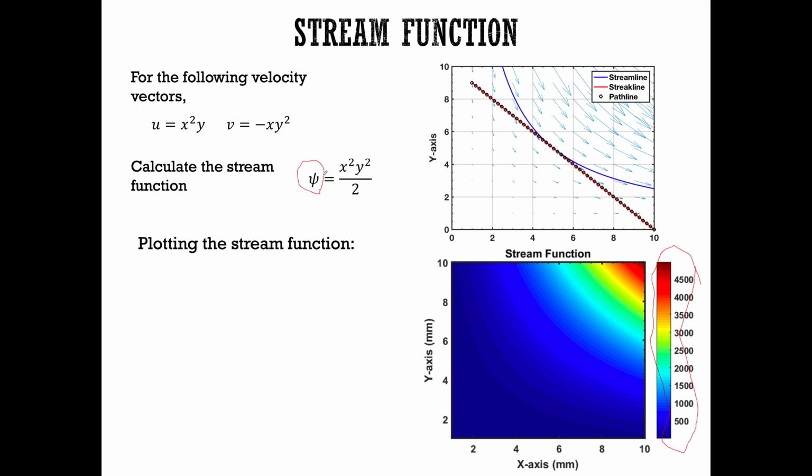Think about it, right? The concept of stream function is actually derived from conservation of mass, or mass flow rate. So that means as you go from this corner 0, 0, diagonally over here, you can see that the velocity vectors are increasing in magnitude, right? And that's the exact information that you actually get out of the stream function.